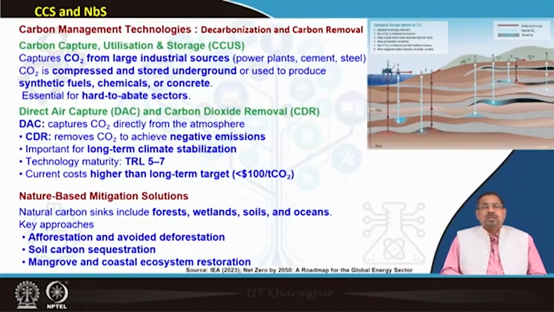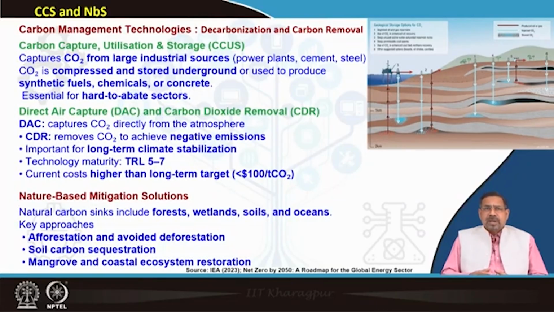Coming to CCS and nature-based solutions, friends, we have already discussed nature-based solutions in our last week's discussion. Now we move on to carbon capture, utilization and storage technologies in terms of decarbonization and carbon removal. Through this technology we capture carbon dioxide from large industrial sources, or large point sources such as power plants and cement and steel industries.